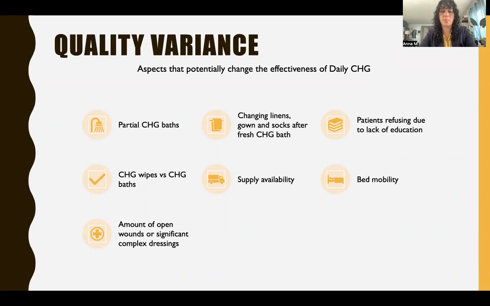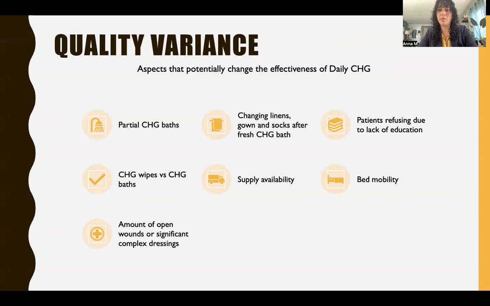This includes partial CHG baths, changing linens, gowns, socks after the fresh CHG, patients refusing CHG outright due to lack of education, also included with employee education, CHG wipes versus CHG baths. So CHG baths would include the soap with hand towels. Also supply availability.